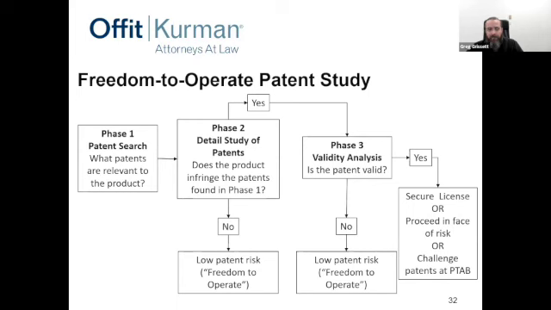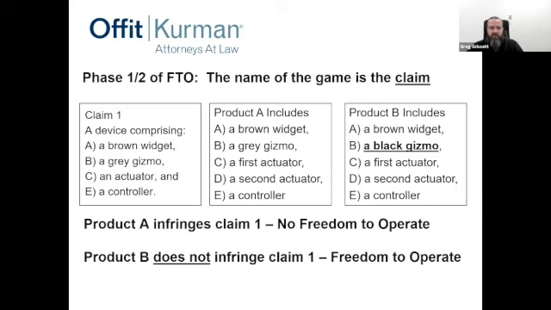And we'll dig a little bit more into phase 1 and 2. And again, the name of the game is the claim. If we look at claim 1 as an example of a patent, I'll let you read this device. It's got a widget, a gizmo, an actuator, a controller. Your first iteration is product A. It has a brown widget, a gray gizmo, 2 actuators, and a controller.